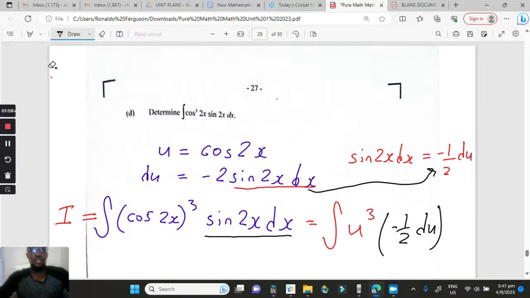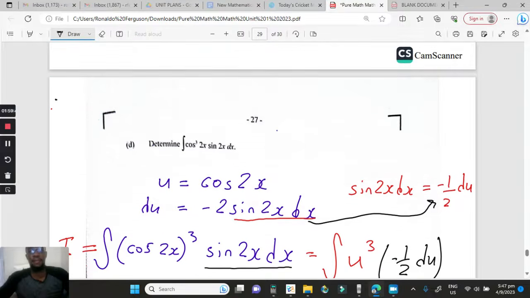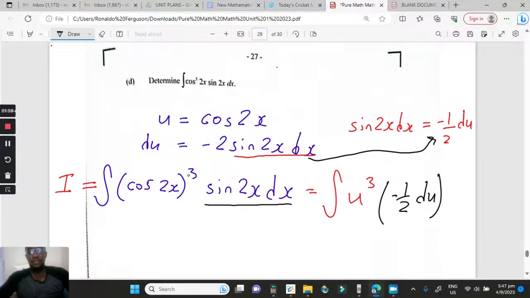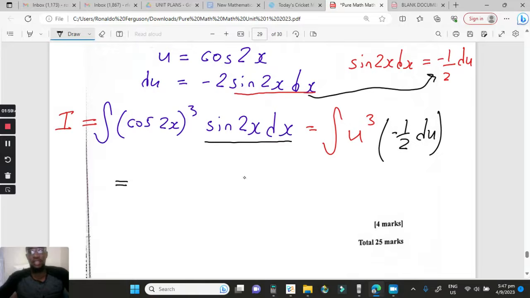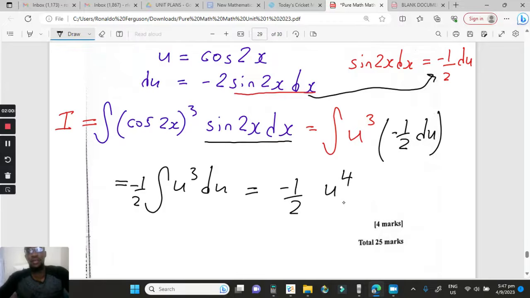And now it's easy to go. So now, in this case, it works out to be the integral of, factor out the negative half, and so we have u cubed out here. Integrate, add 1 to the power, divide by the power. So u to the 4 over 4 plus a constant k.